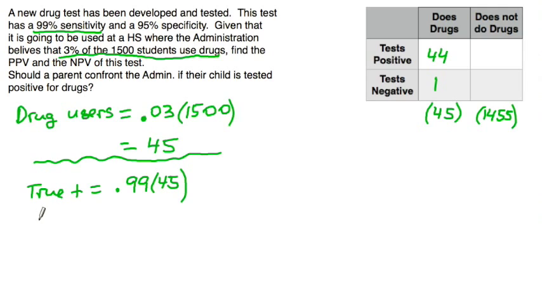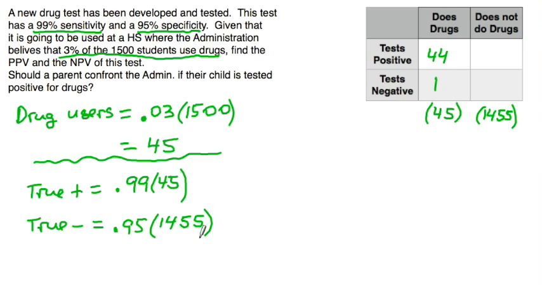Now to find the does not do drugs, we're going to be looking for the true negatives. The ones that really don't do drugs and tested negative for the disease, the drug usage. So we're going to use the specificity. So that would be 0.95 times the entire population of the ones that do not do drugs, that 1,455.